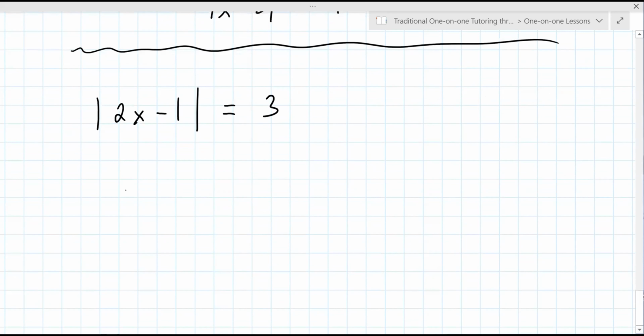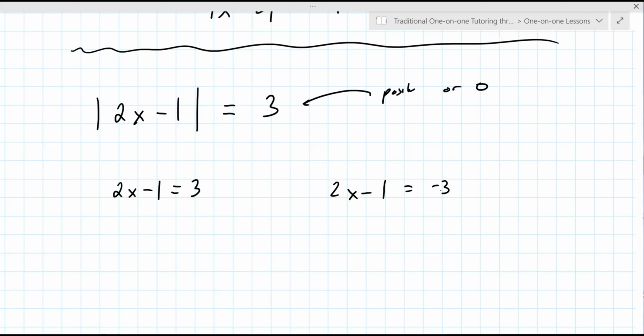So you write 2x minus 1 equals 3 and 2x minus 1 equals negative 3, but you do this because this is positive or 0. If instead of 3 it's negative 3, you just say no solution. You stop. Okay, sweet. So then I just save myself all that time.